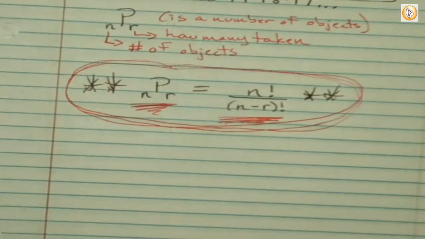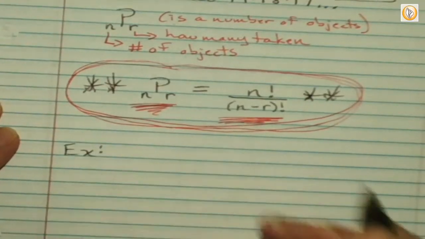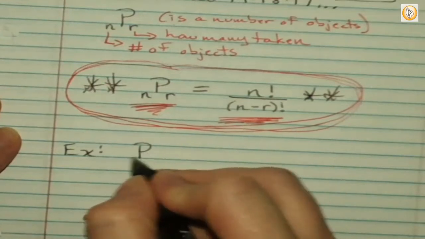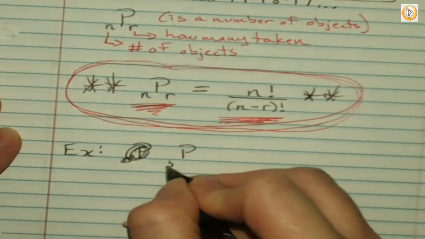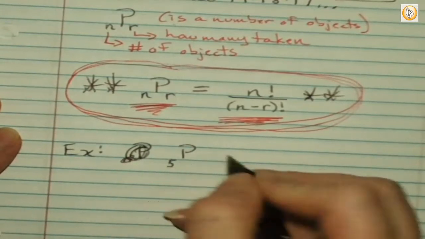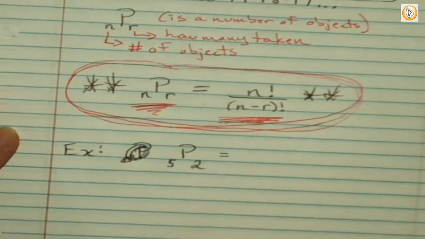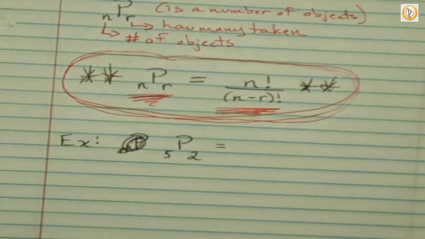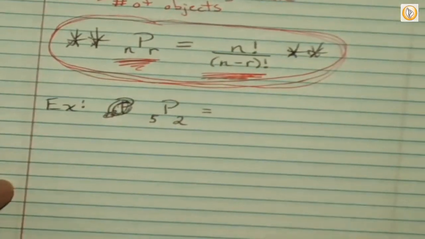Okay, so I'm going to give you an example. Let's say I give you, I messed up already, 5 and 2. So I gave you a permutation with the 5 there and the 2.